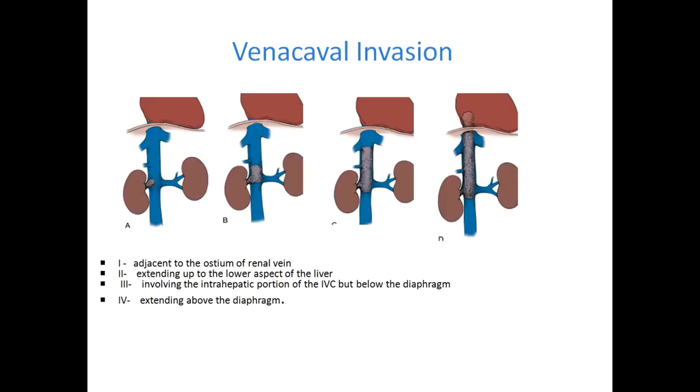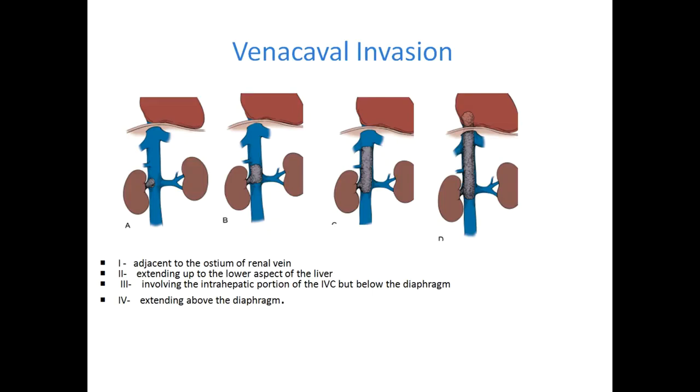In case of vena cava invasion, there are 4 levels. Level 1, the tumor is involving the renal vein, but just up to the ostium of the renal vein. In level 2, it is entering the inferior vena cava, but not above the lower aspect of the liver.